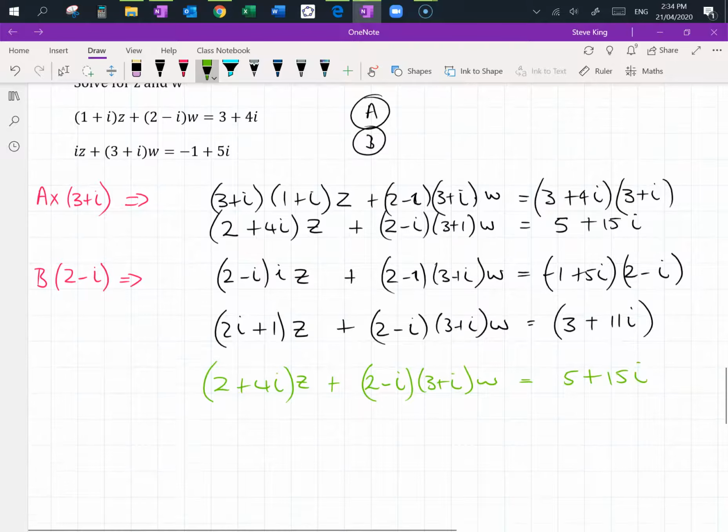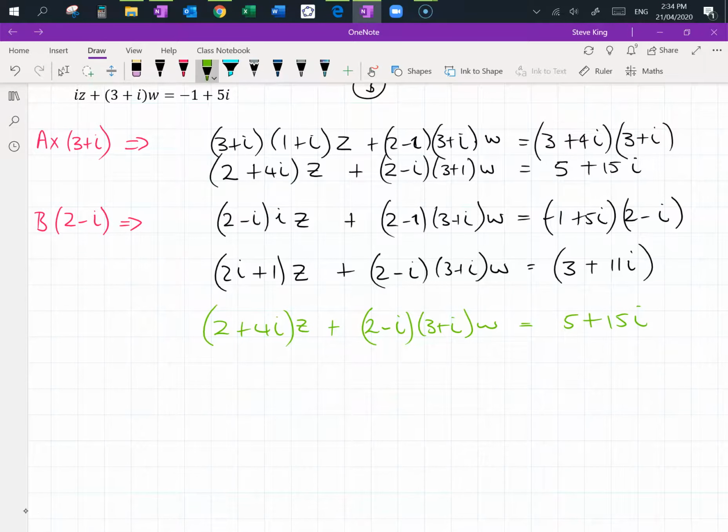That's equation A. And the second equation is going to be (1 plus 2i) z plus (2 minus i)(3 plus i) w is equal to 3 plus 11i.